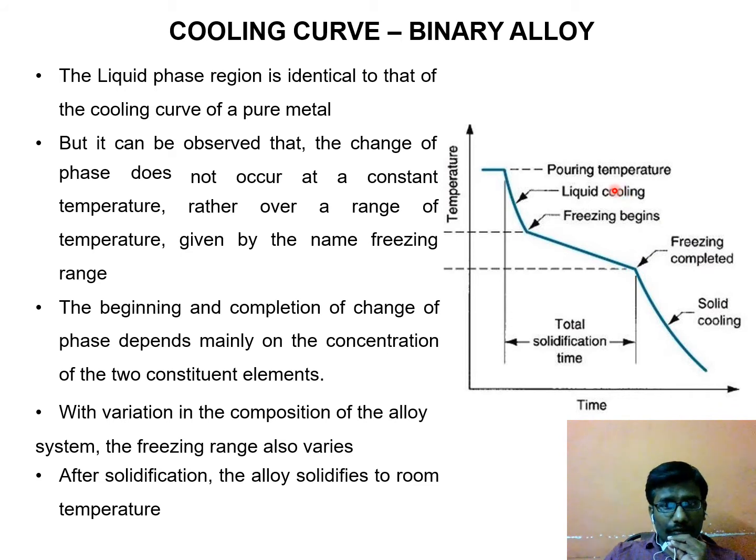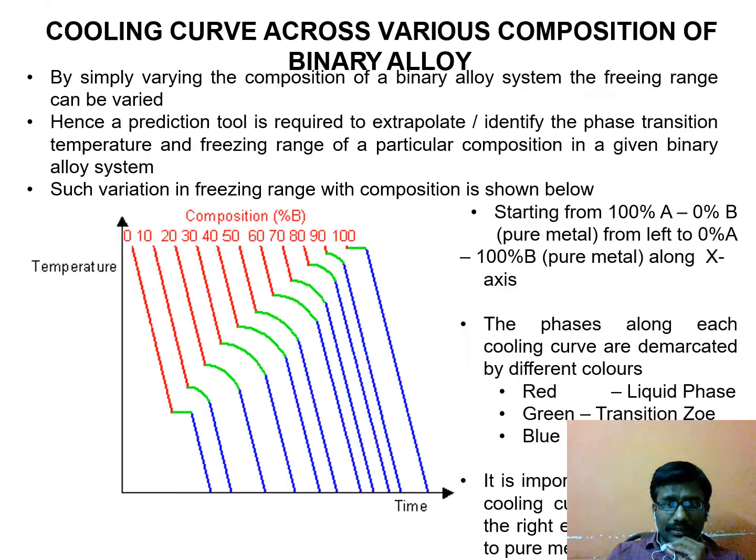So here the liquid is converted to solid, but not at a constant temperature; for alloys it happens during the decreasing temperature. So this is the difference: for a pure metal it is a constant line, for an alloy it is an inclined line.